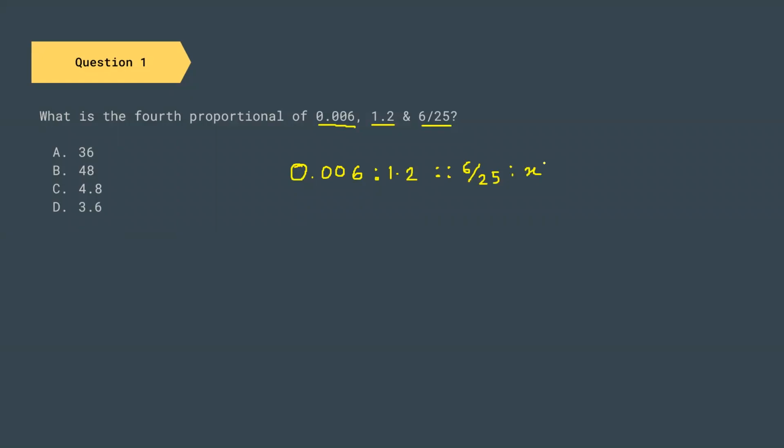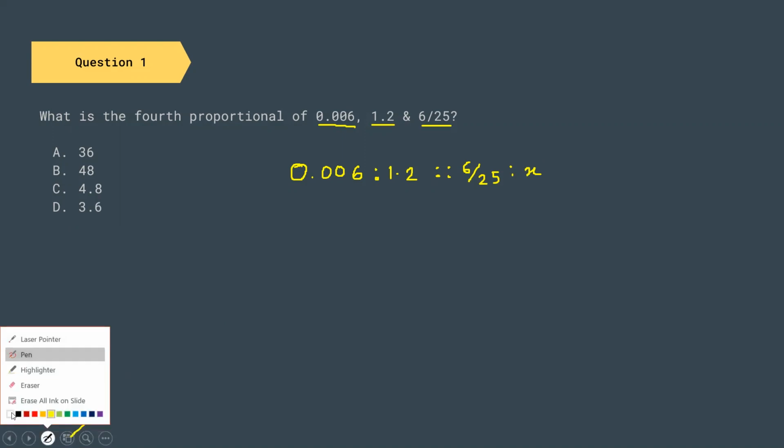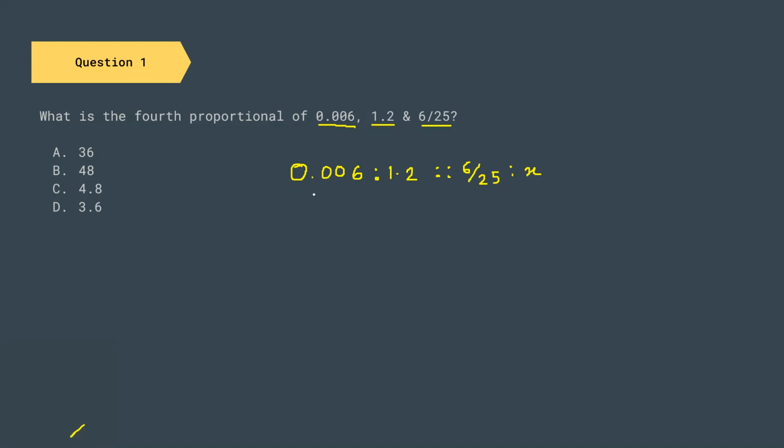Now let's see how we can find this. For this particular question, there is a very specific formula that you have to use. Let us write it in a general form.